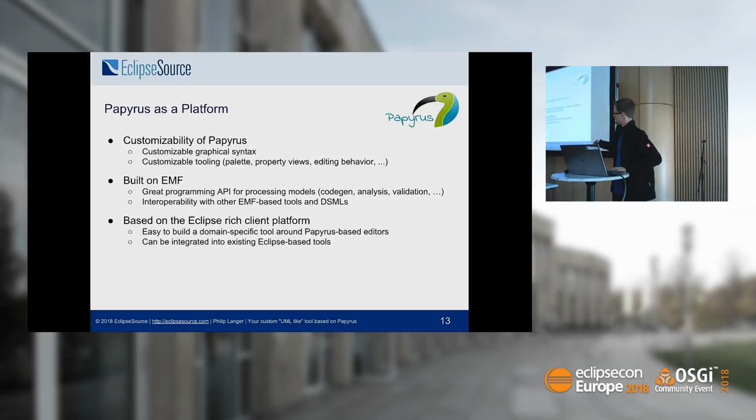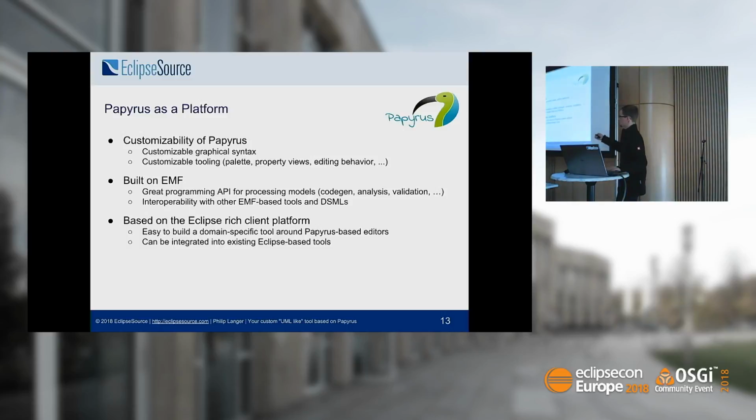Since it's built on the Eclipse modeling platform, you get basically all the different capabilities of this ecosystem into your tool sets that you could then use to, for instance, provide code generators, analysis tools, and also connect it with other tools that happen to use EMF and, for instance, provide interoperability with other EMF tools.